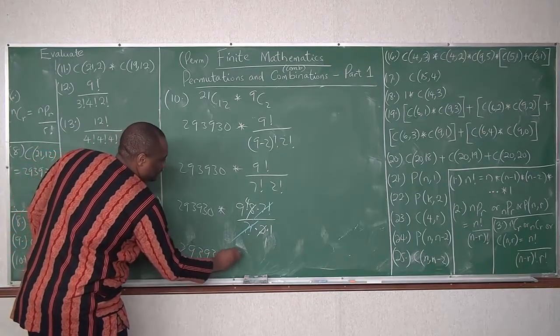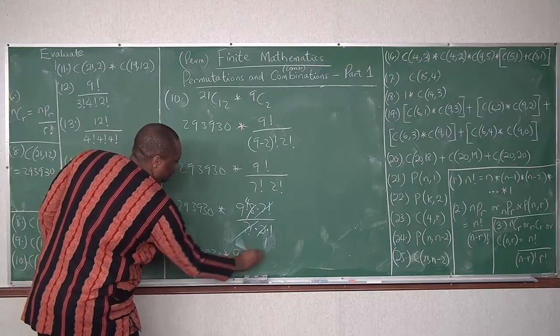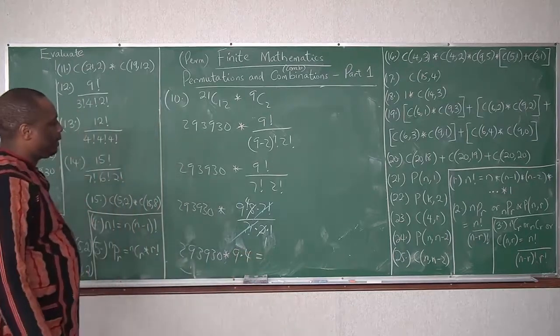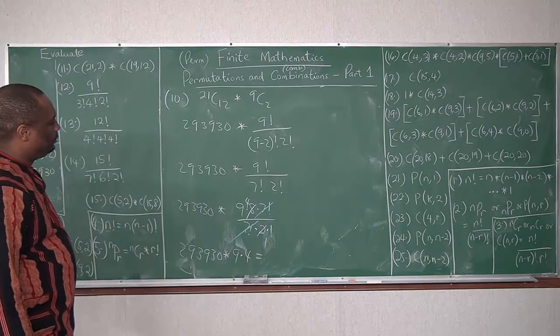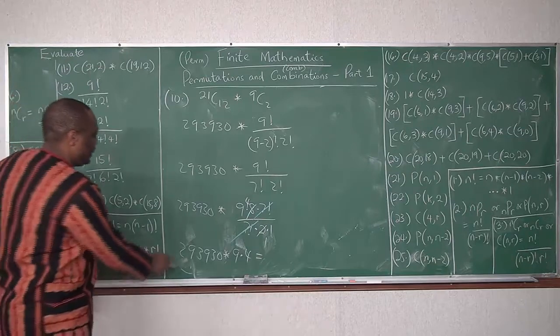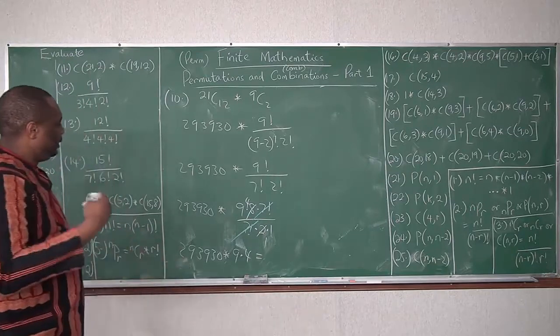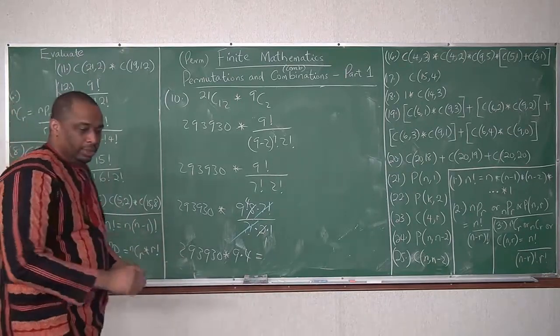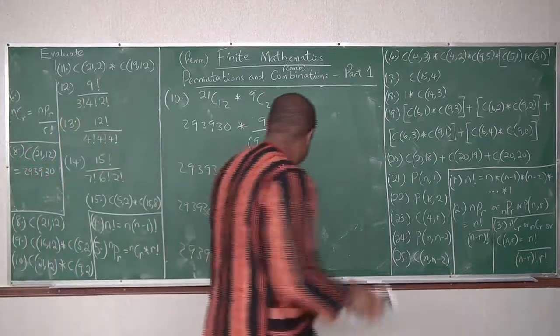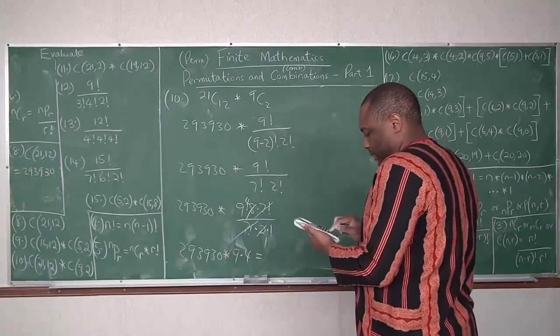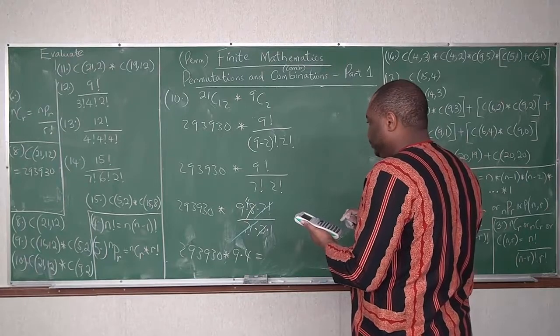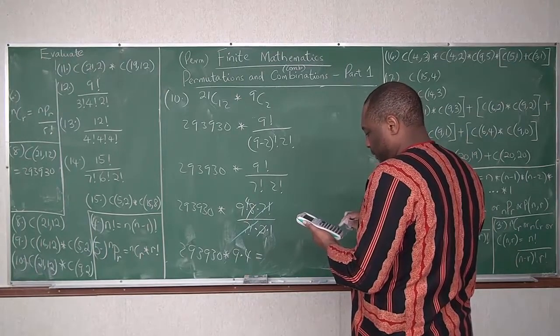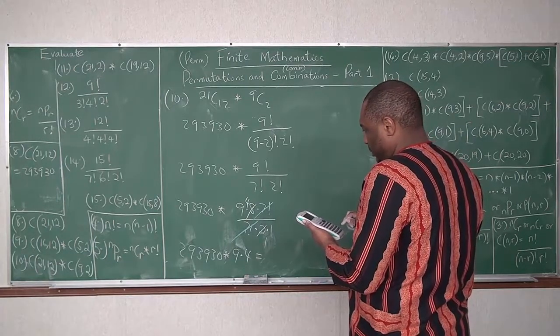293,930 times 9 times 4. So what does it give us now? 293,930 times 36.